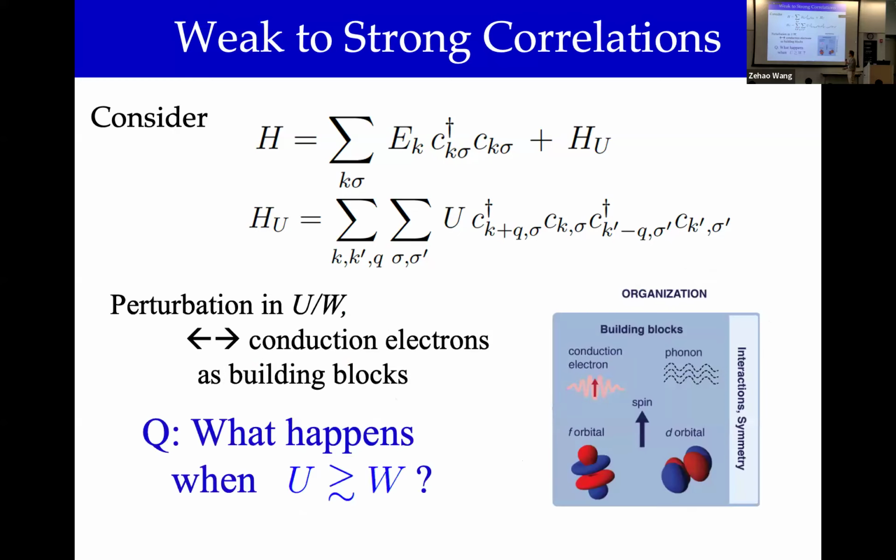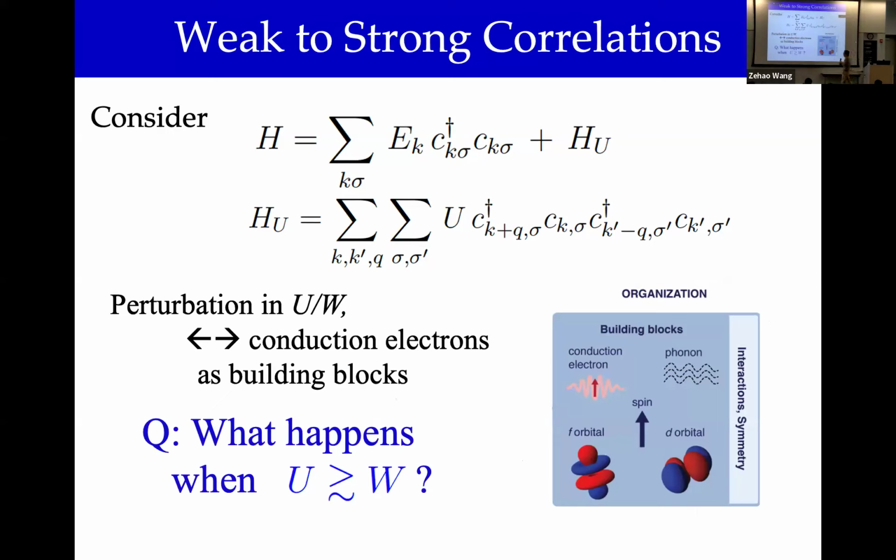Now, as it turns out, there are by now a slew of correlated materials in which apparently the Fermi liquid description or the quasi-particle description breaks down. So one has to go beyond the treatment of the interactions U order by order in perturbation theory. One has to find a way of dealing with effective interactions non-perturbatively.